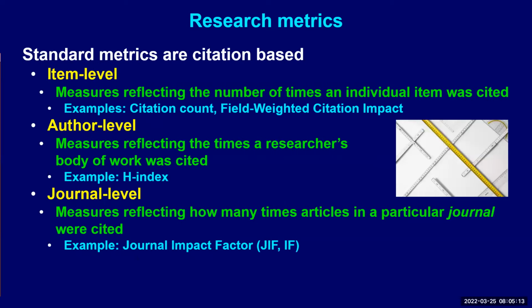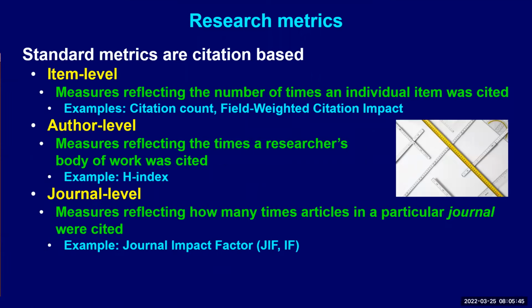Okay, so what am I even talking about with research metrics? There are some standard metrics, and they tend to be based on how often something was cited. They can be categorized according to what they're being used to measure. For example, if you're interested in the impact of a particular article, you'd look at item level metrics like citation count.